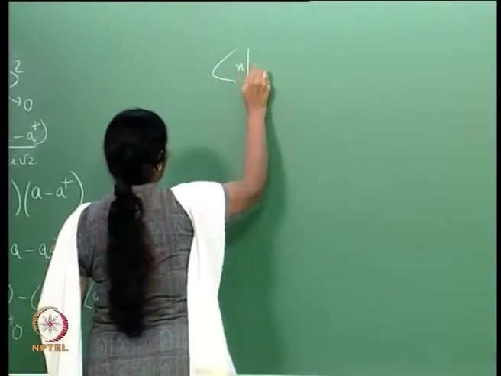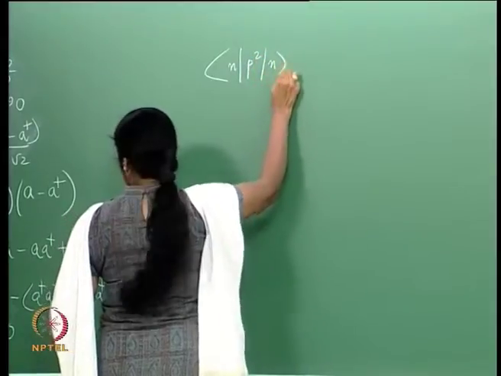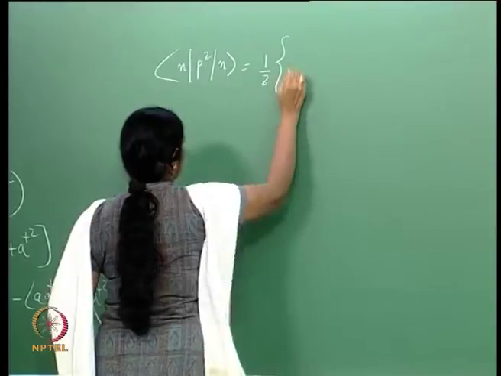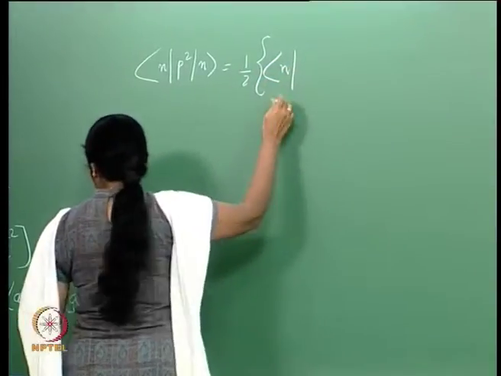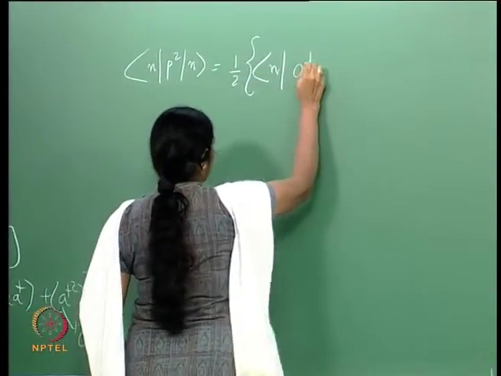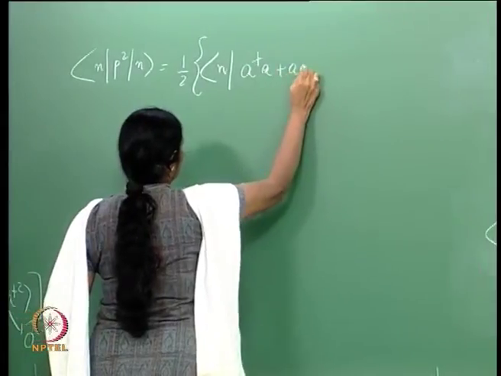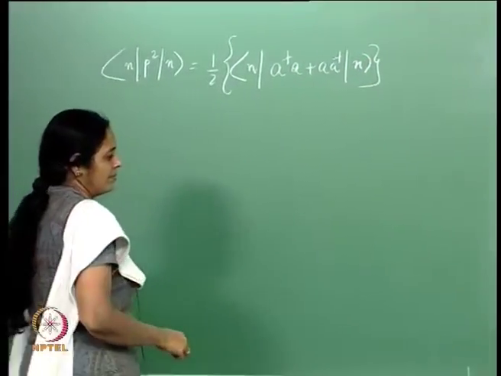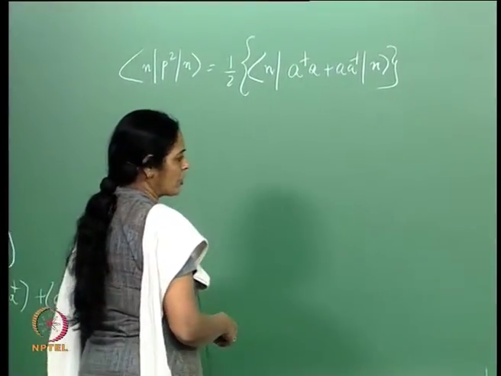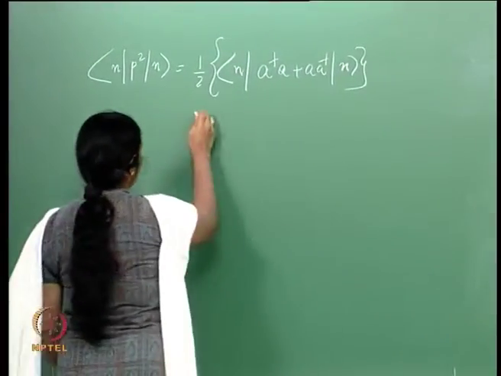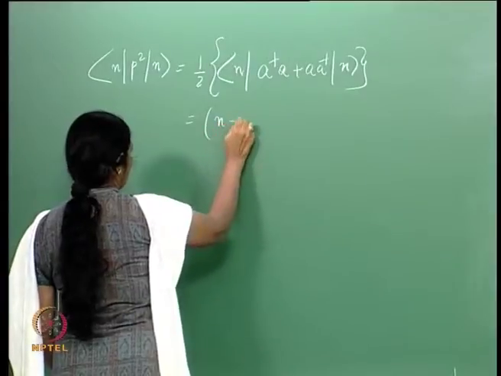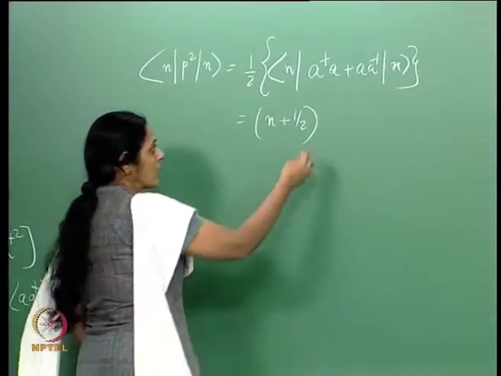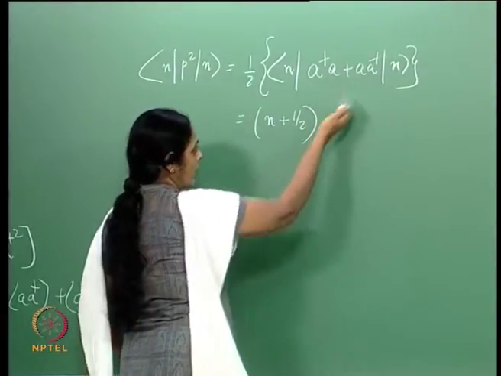So, <n|p squared|n> is half of <a dagger a plus a a dagger>. But this is precisely what we computed earlier, and this will give me an answer n plus half, because once again I will write a a dagger as 1 plus a dagger a.